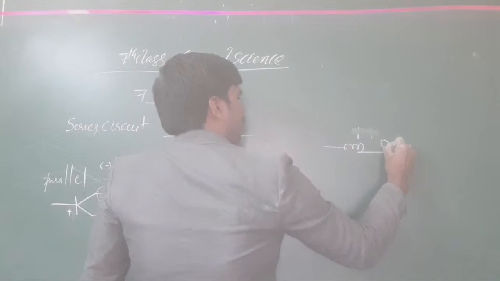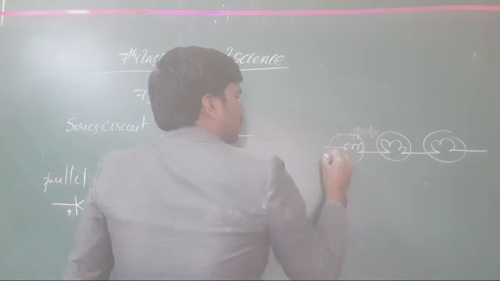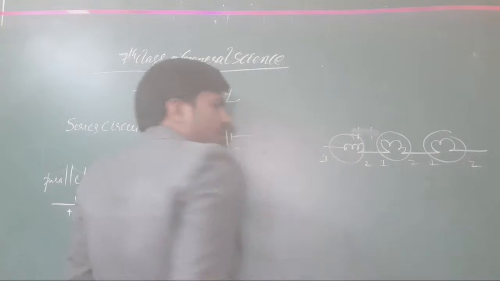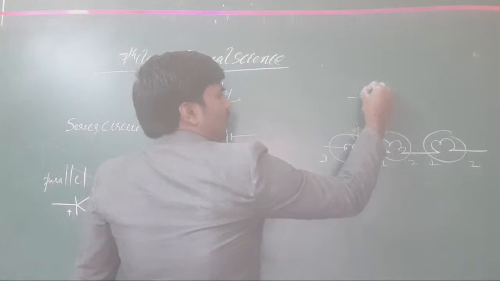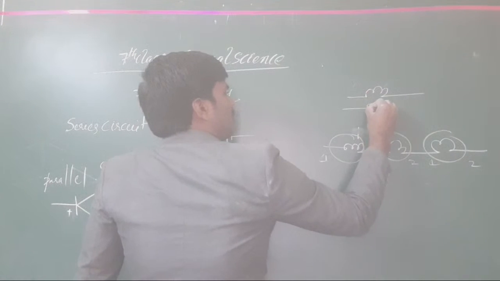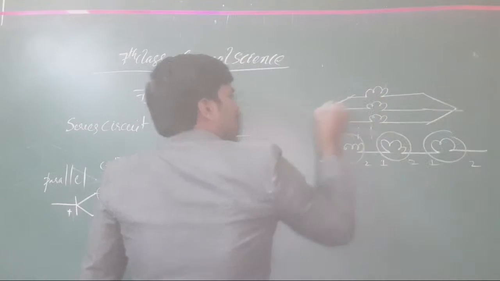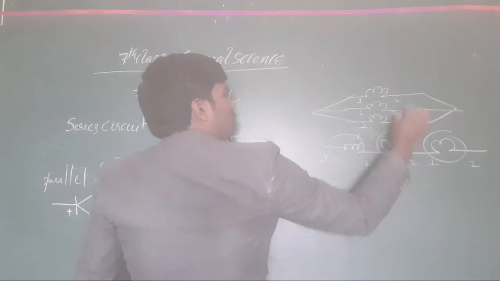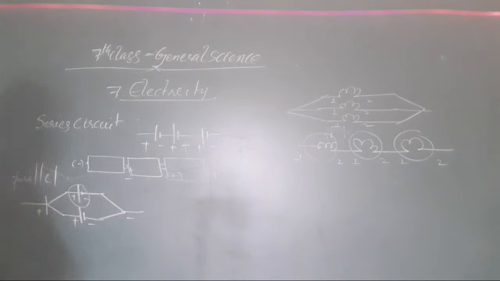This is the symbol of an electric bulb. When the first terminal, second terminal, first terminal, second terminal of the bulbs are connected one after another, it is called a series connection. Otherwise, if you connect them like this, with all first terminals together as 1, 1, 1 and all second terminals together as 2, 2, 2, it is called a parallel connection. I hope you got it.